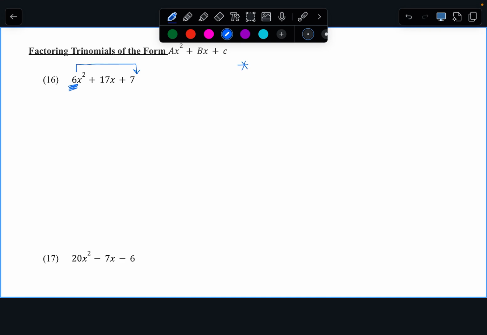We are looking to find two numbers that multiply to get 42x to the second, and that add to get 17x. So we want to figure out what times what equals 42 and what plus what equals 17.